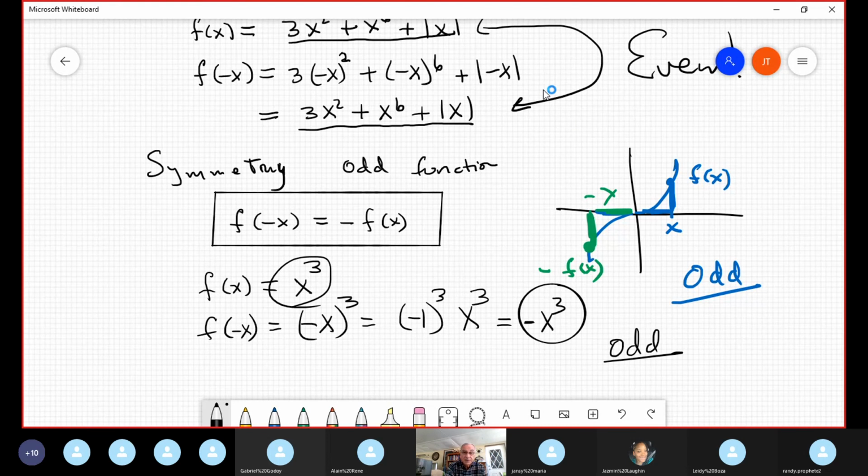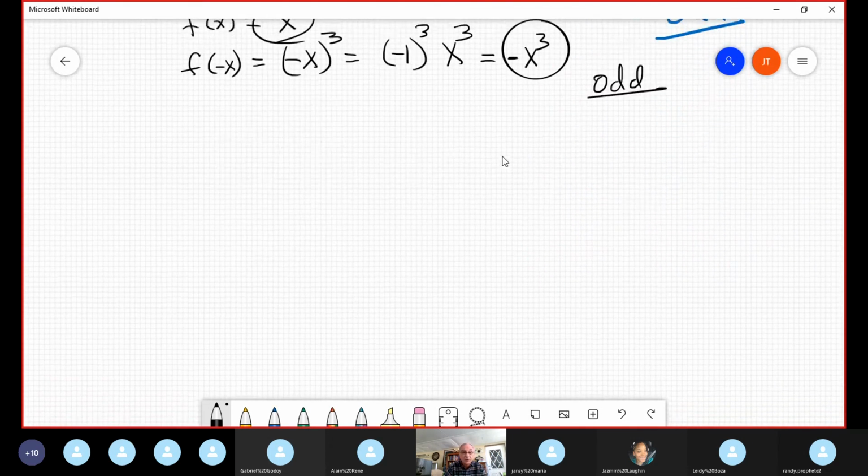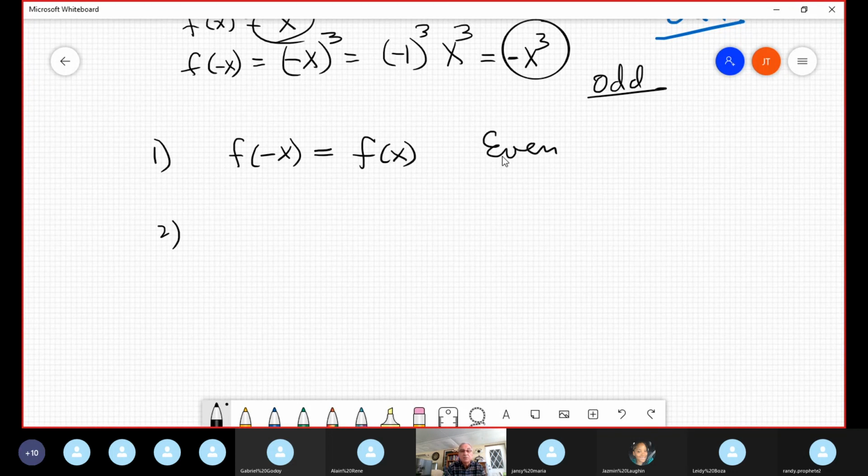Okay, so let me summarize the idea of the symmetry. We have two kinds of symmetry, number 1 and number 2. When you are doing this reflection, and the function stays the same, nothing changed, it's even. When you change x for negative x, and this is the opposite sign, it's odd.